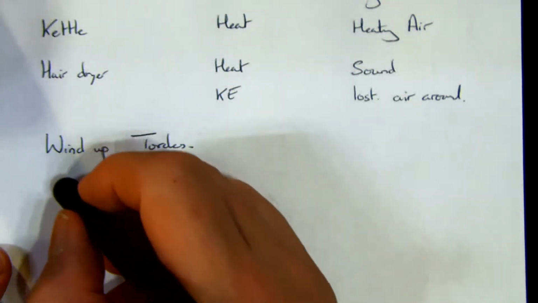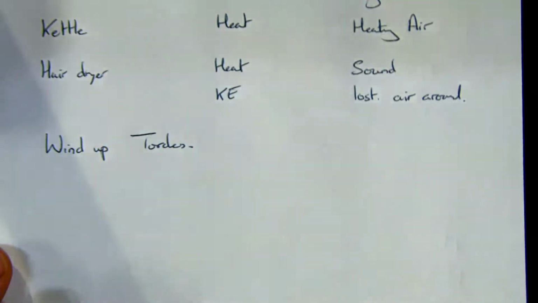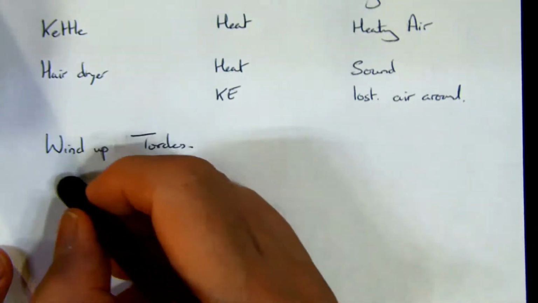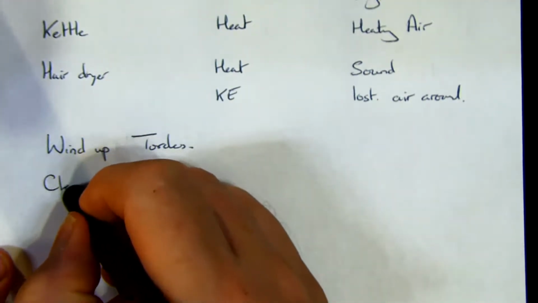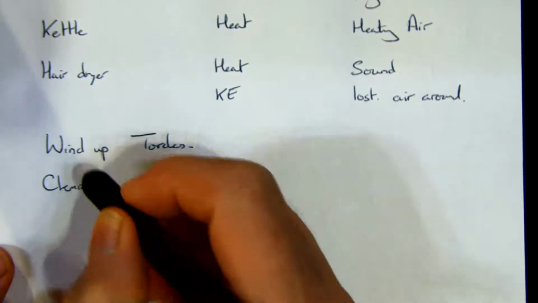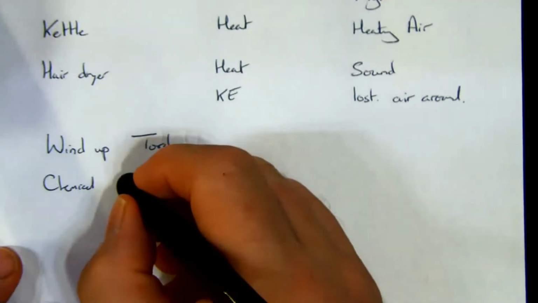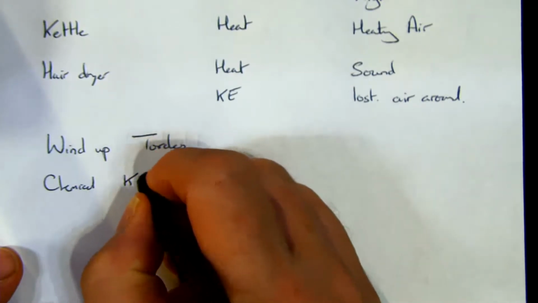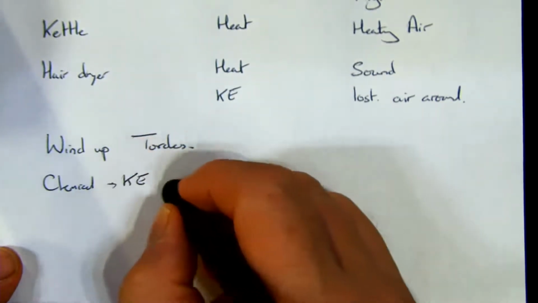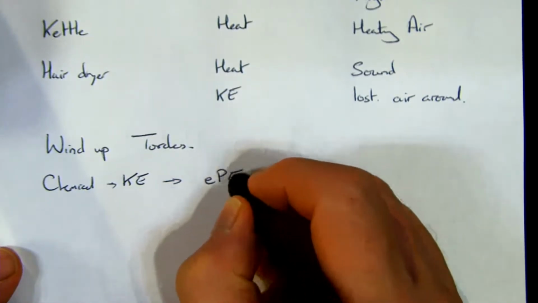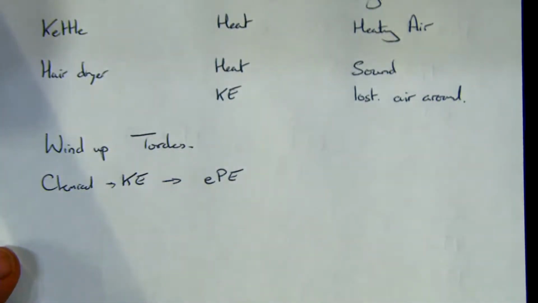Wind-up torch, well, how's that working? Well, we've got chemical energy in you, and that is producing some kinetic energy, and that goes on to be stored normally somehow in the torch as elastic potential energy.